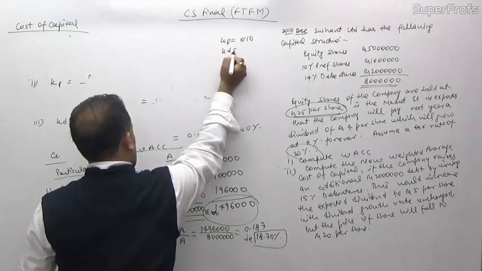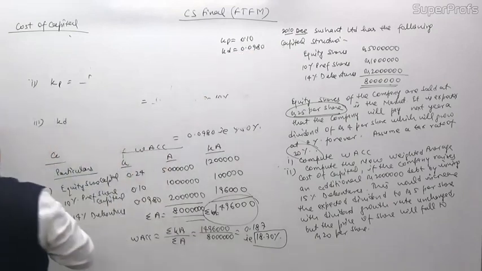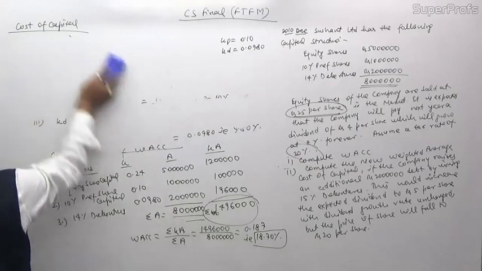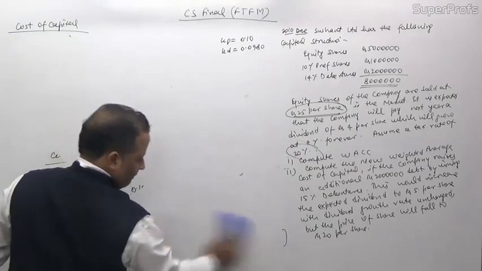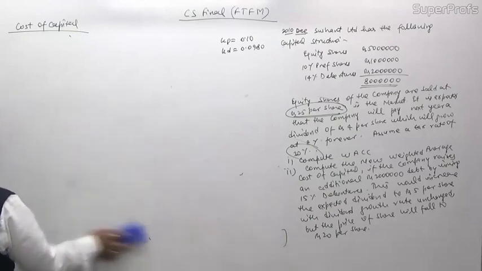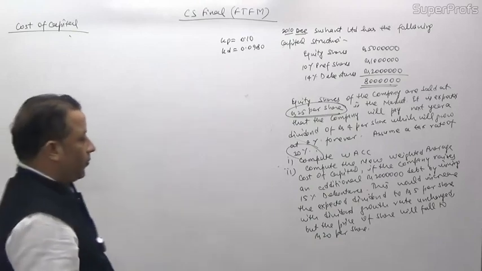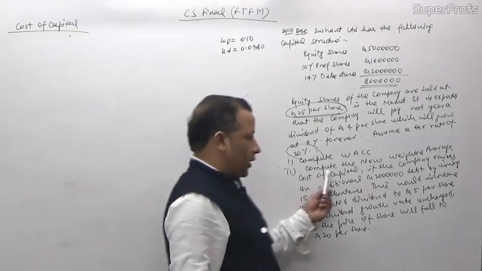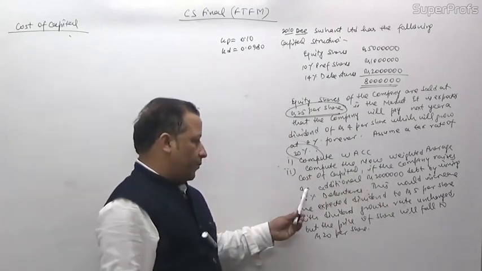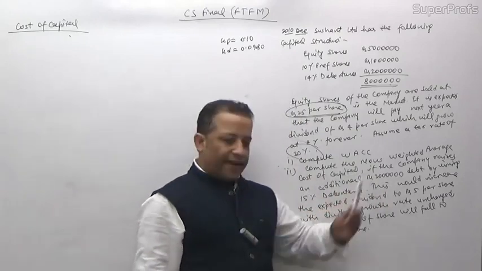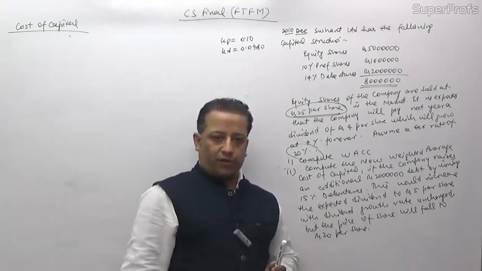The basic cost of debt is 9.8%. So, in the second point of the question, compute the new weighted average cost of capital if the company raises an additional rupees 20 lakh debt by issuing 15% debentures.